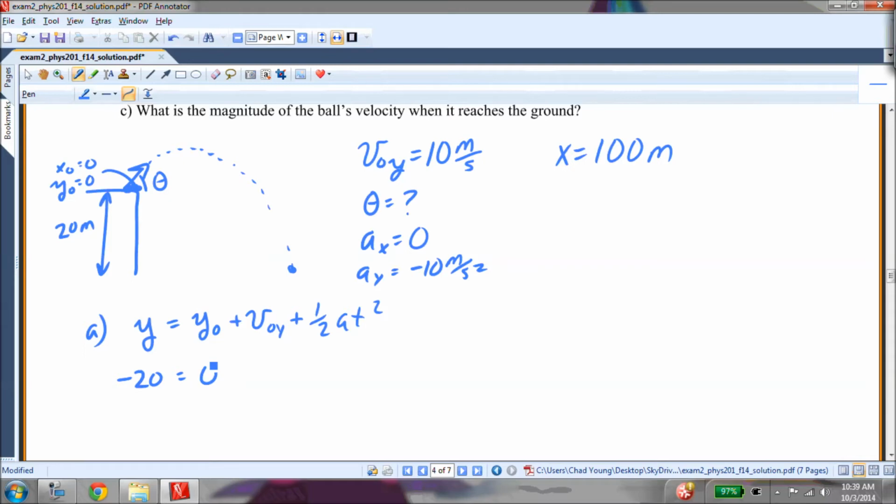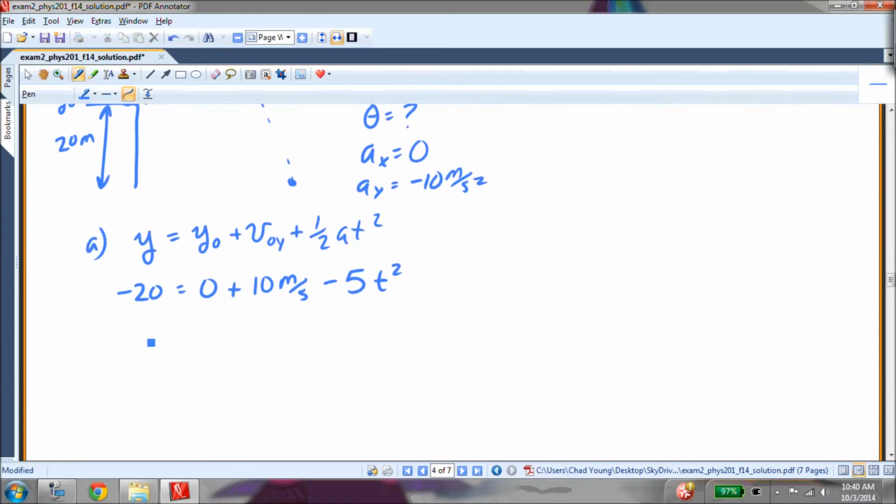Now equals 0 plus v naught y, and v naught y here is given, 10 meters per second, minus 1/2 of a is 5t squared. I need to solve this equation. I'm going to write it in the form of the quadratic. That is 5t squared minus 10t minus 20 equals 0. 5, minus 10, and minus 20 are going to be my a, my b, and my c.